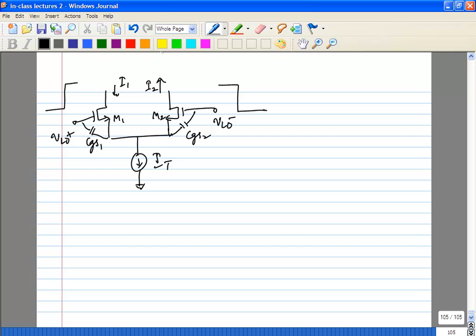So what is happening to M1? M1 is turning on and M2 is turning off. What is CGS1? 2/3 WL Cox. Okay, because it's turned on. What is CGS2? You will have only the overlap capacitance.